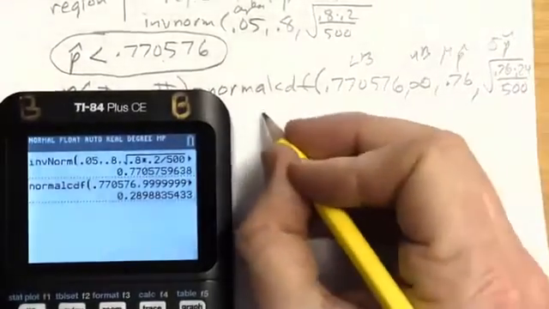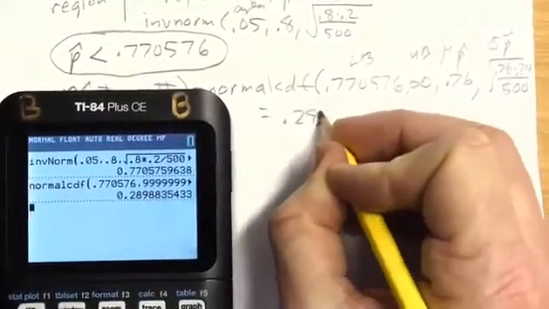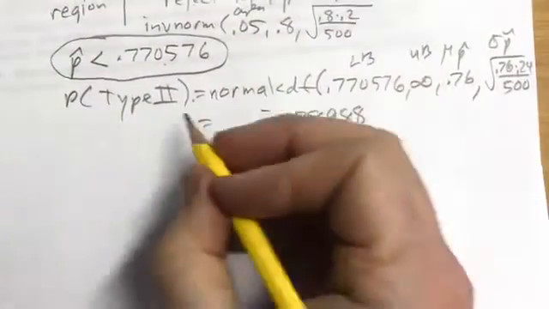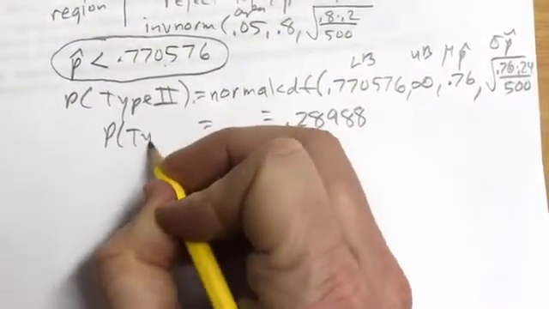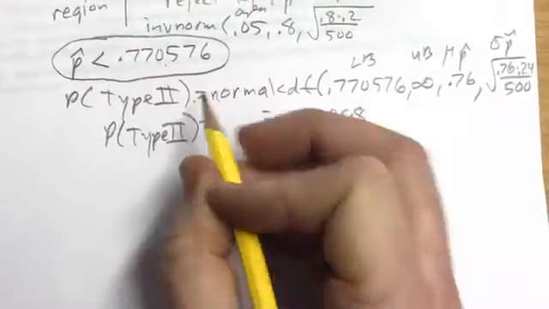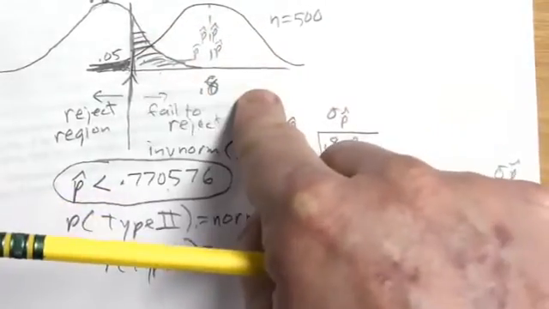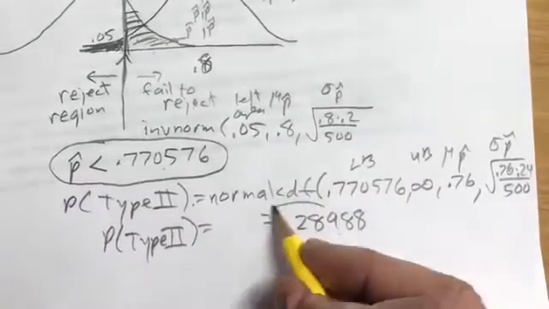And so that gives us 0.28988. That is how you find the probability of type 2 error. It is the overlap of the bad curve into the fail to reject region of the other curve, okay?